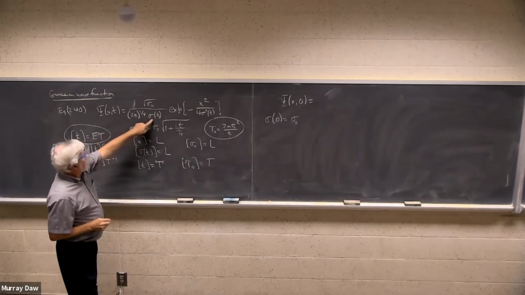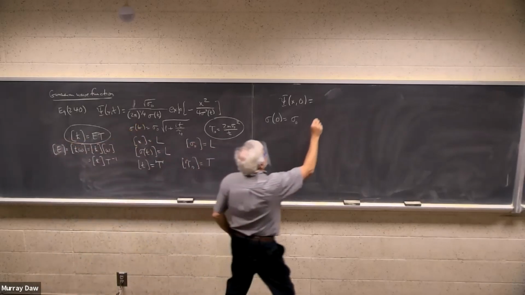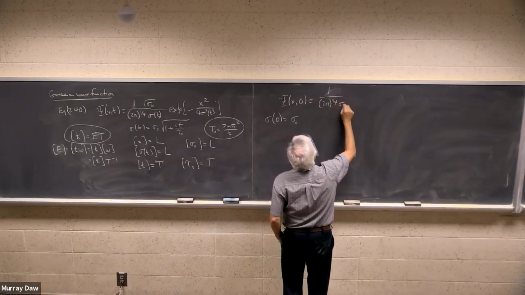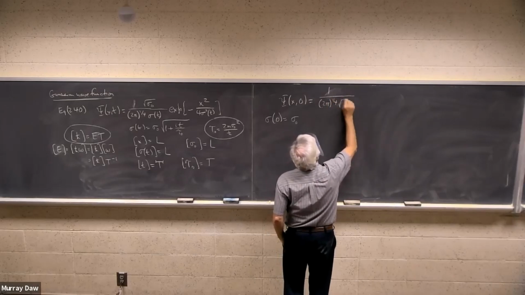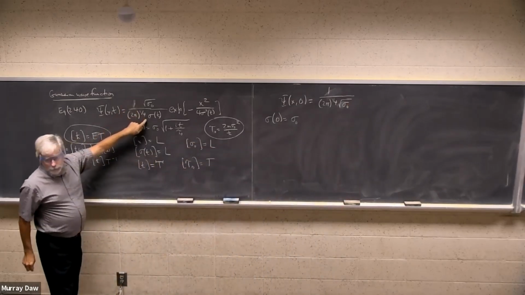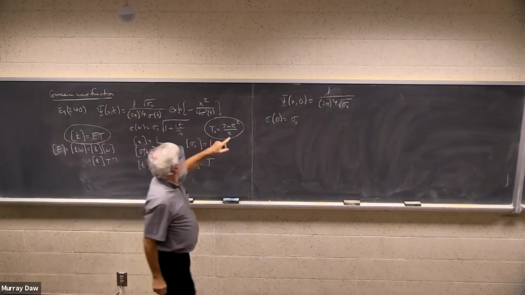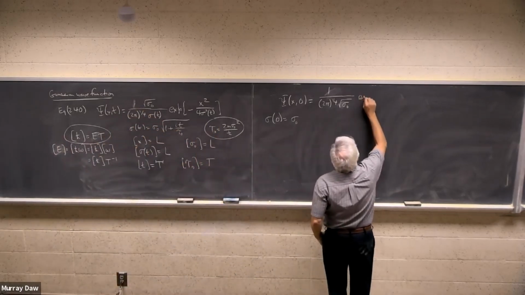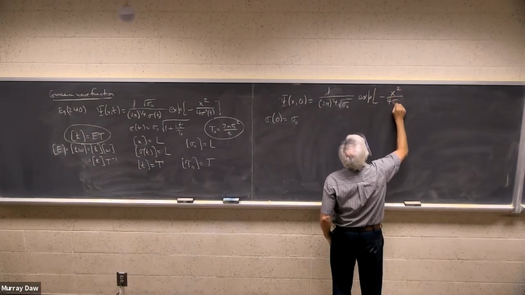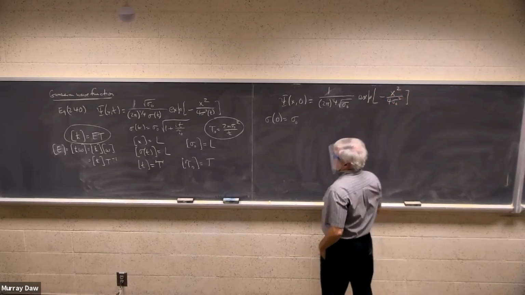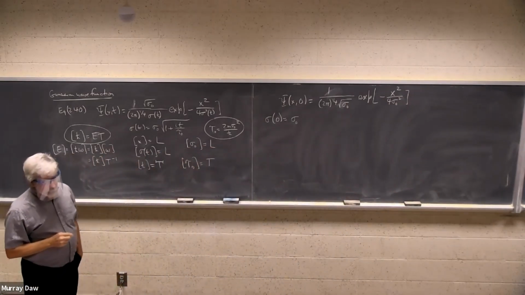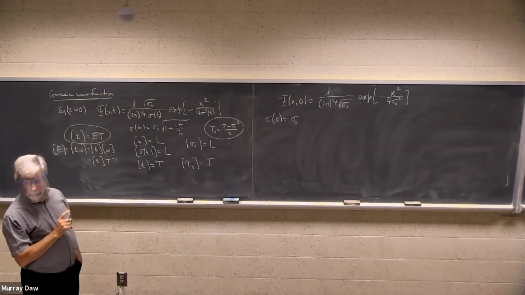Okay, so this is sigma 0. And so we wind up with a square root of sigma 0 over sigma 0, so it's 1 over square root of sigma 0. We have an exponential. Okay. Now it's real. So this wave function at time equals 0 is real.